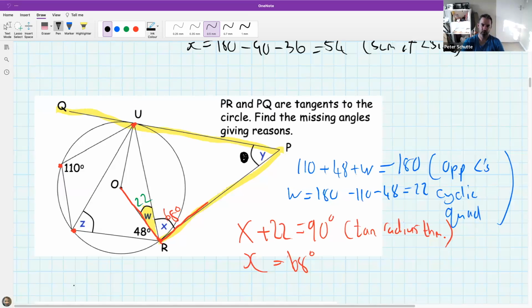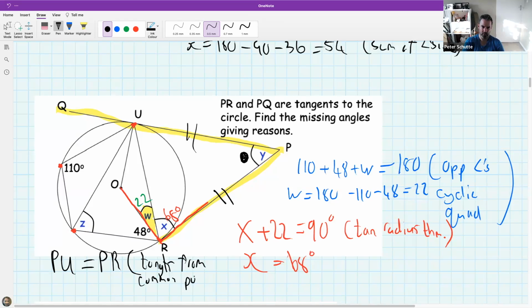So these are tangents from a common point. So we know that this is equal to this. We know that PU is equal to PR, tangents from a common point. And so we know that is 68.